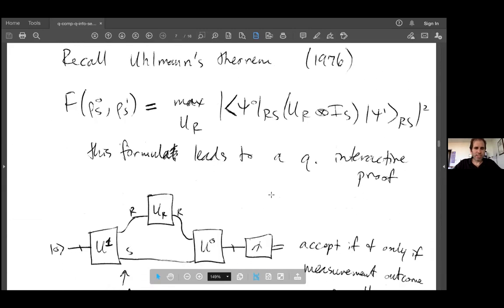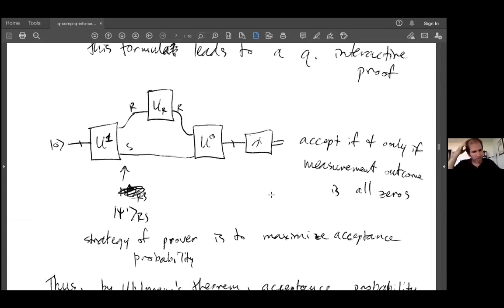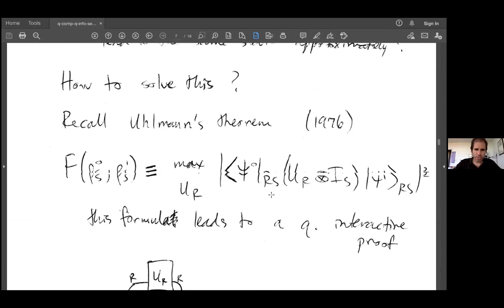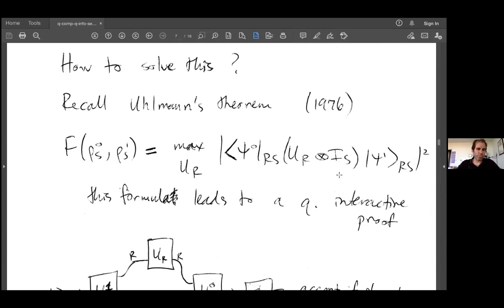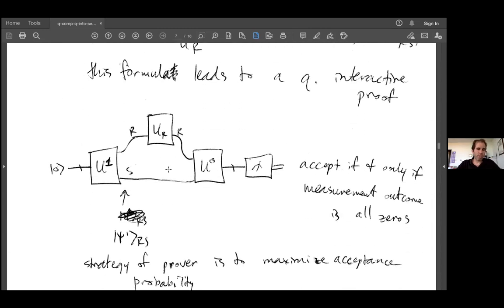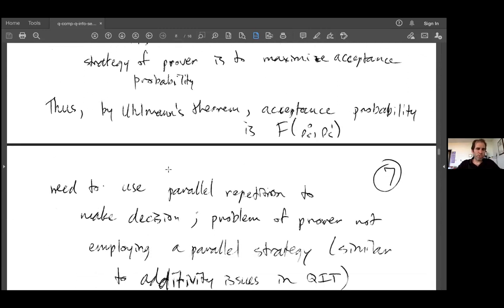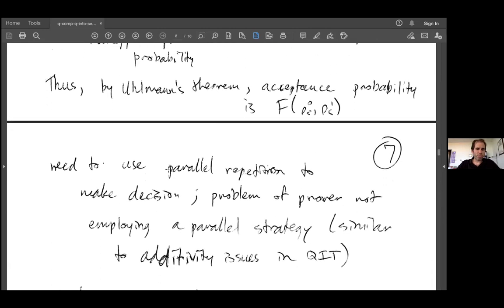The fidelity is a number that is generally strictly between 0 and 1. And so if you want to decide the answer to this question, is the fidelity greater than some threshold or less than some threshold, you're going to need to repeat the algorithm many times. But when you do so, there's going to be a problem.